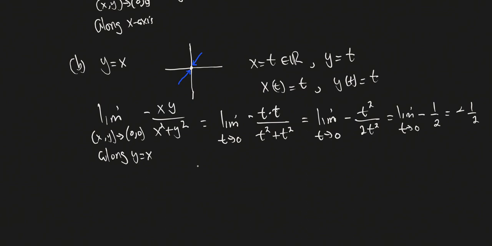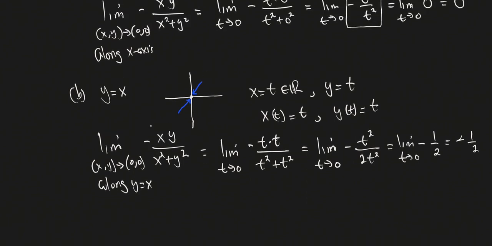And remember what happened previously in your first course in calculus: when those one-sided limits were different, we said that the overall limit does not exist. And the same thing is true here.